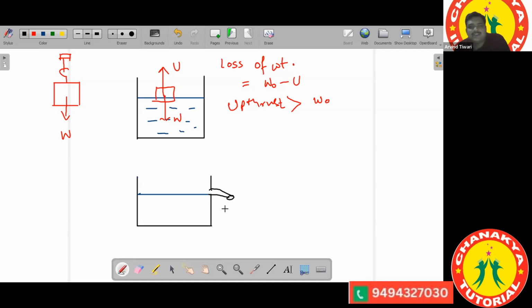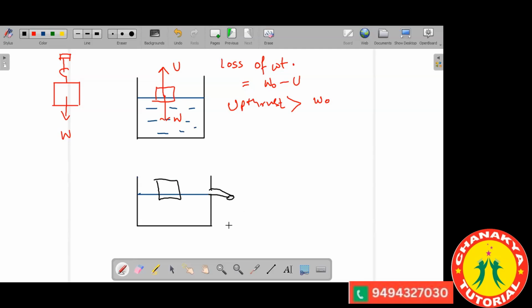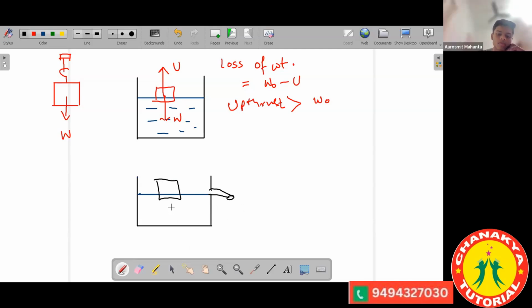Okay, so in this situation, if we immerse this block in this water, do you think that any amount of water will be displaced by it? Yes, sir. Okay, so suppose some water is displaced by it, and of course that water will be equal to the volume of the block which is inside the water.